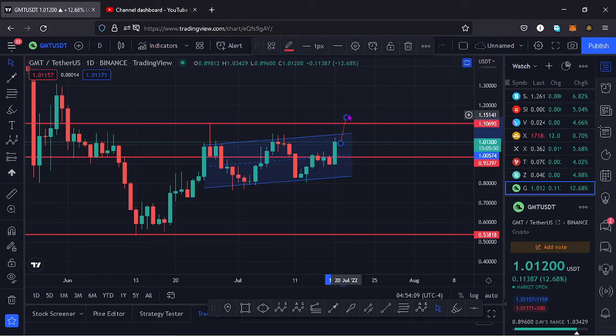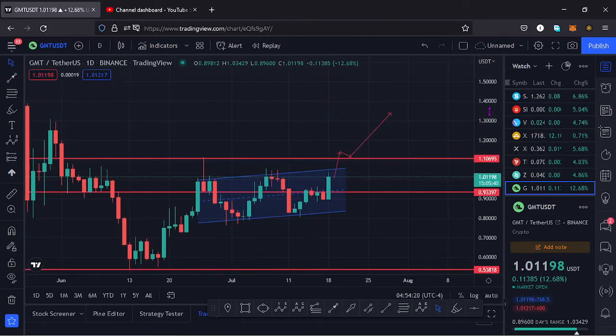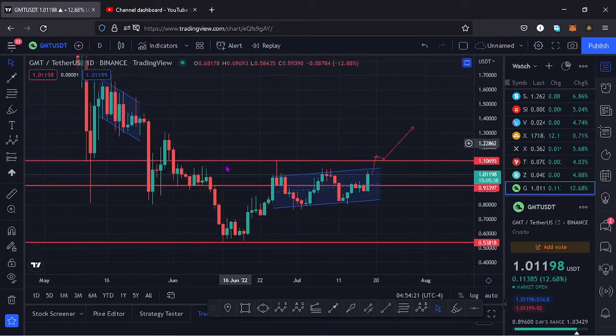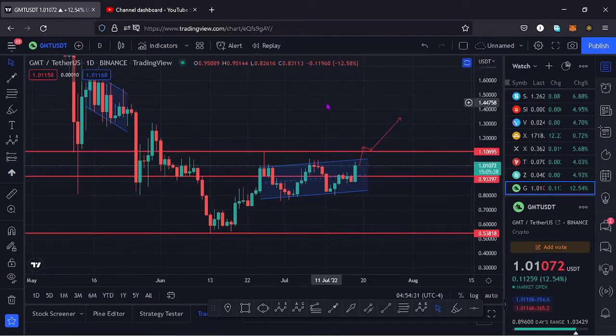Once we break above that key area of resistance also, we can then have a retest of that area and then continue pushing to the upper side and maybe make another higher high. Once that plays out, we can try and sketch another bullish scenario and maybe have a clear pattern forming on this chart to be able to give us a target to the upper side once we have that breakout.